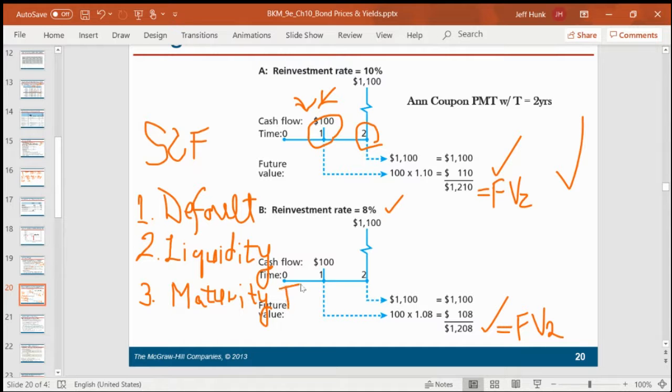Because if interest rates change suddenly and unexpectedly, maturity risk is also called price risk. Think about it. The price of your bond holding drastically changes, and it's usually to the downside.